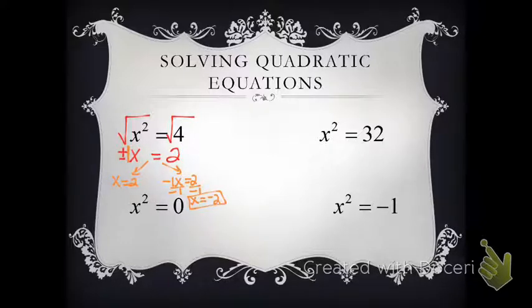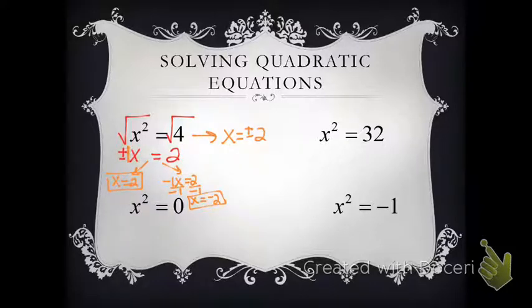So here are our two answers where we've gotten a +2 and a -2. And again, we would usually do a little less writing, and we would write them as plus or minus 2. So that plus or minus is like a shortcut so that we don't have to write x equals 2 or x equals -2.